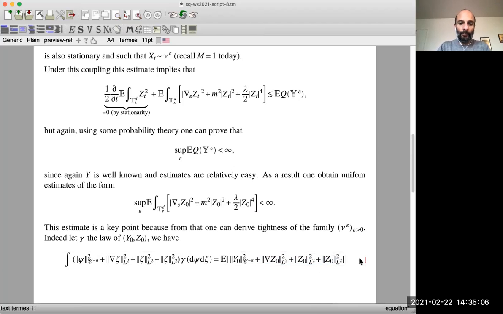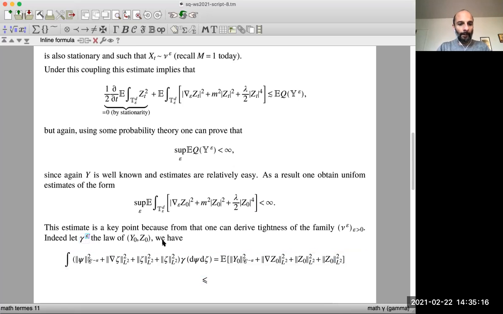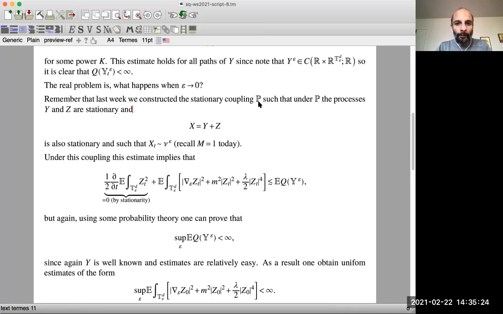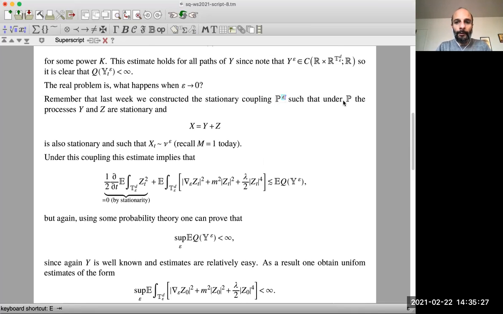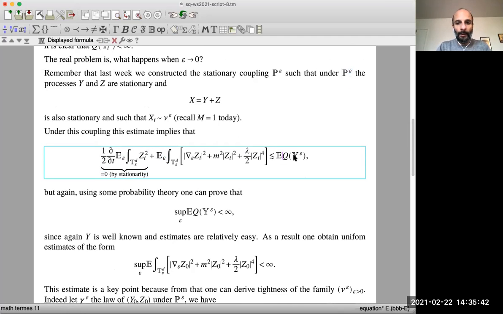And for that, you know that this is bounded uniformly in epsilon. Let me put p epsilon, because of course the dependence on epsilon is important. Okay, so everything here still depends on epsilon because the law depends on epsilon. Here I put it clearly.